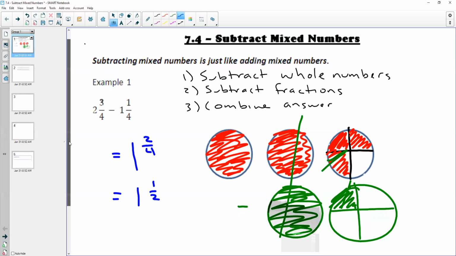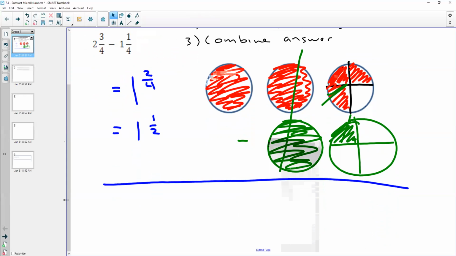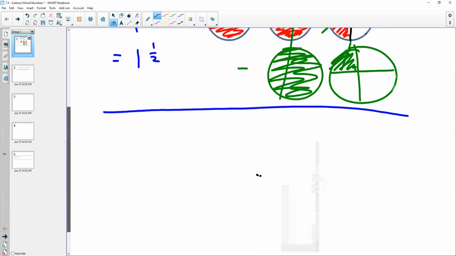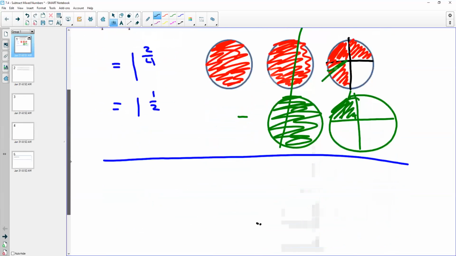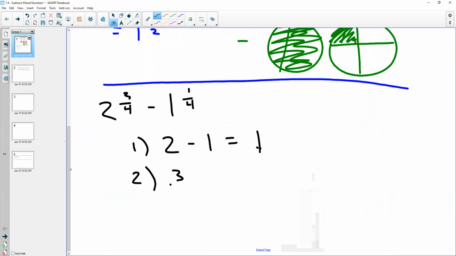Okay, we can solve this using diagrams, and we can also solve them just using our math. So let's go ahead and use our math here. Our operation was 2 3/4 subtract 1 and 1/4. So step 1, we subtract our whole numbers, so 2 minus 1 is equal to 1. And now we need to subtract our fractions. So 3/4 subtract 1/4.